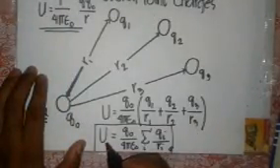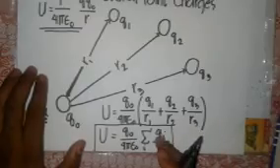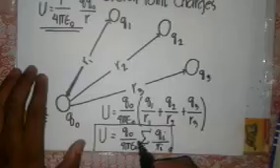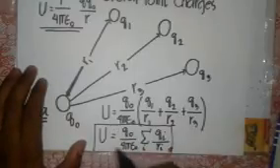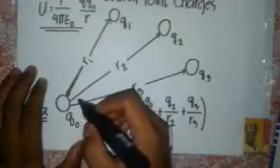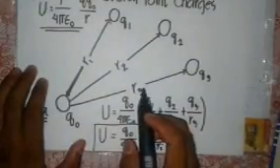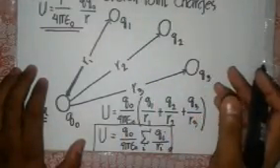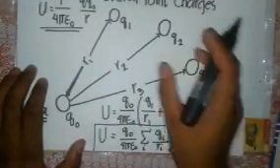Now this equation gives the potential energy associated with the presence of a test charge Q naught and the electric field that was produced by our charges Q1, Q2, and Q3. But there is also potential energy involved in assembling these charges.